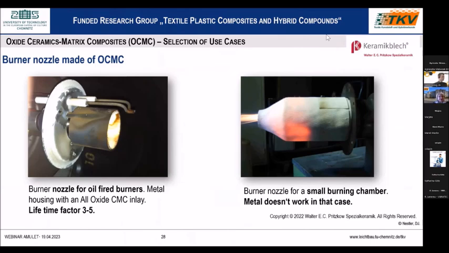Thanks for these pictures. You see some burner nozzles for oil fired burners, and on the right hand side a small burning chamber. So the lifetime was increased; OCMCs is a material where metal materials don't work.